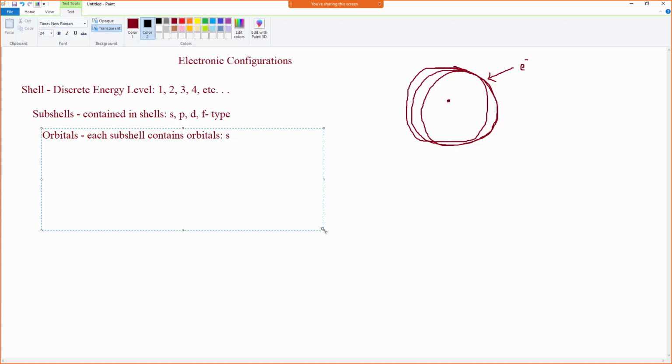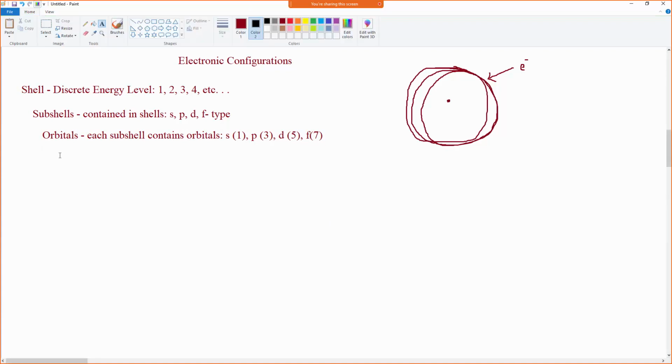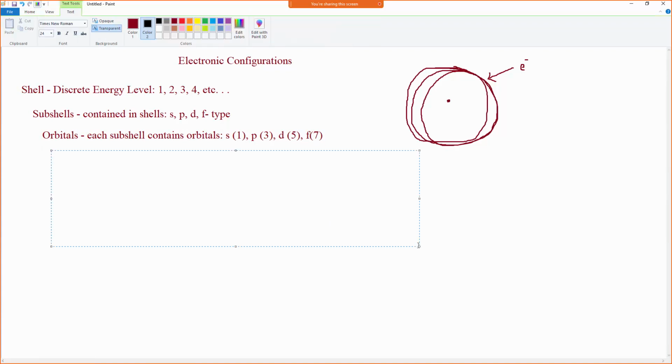So the S contains 1 orbital, the P contains 3 orbitals, the D contains 5 orbitals, the F contains 7 orbitals. And then from there, each orbital can contain 2 electrons.